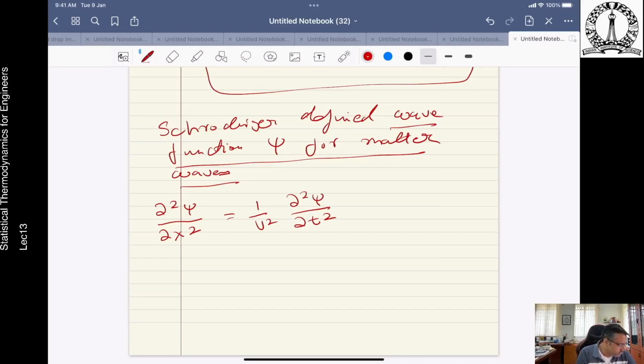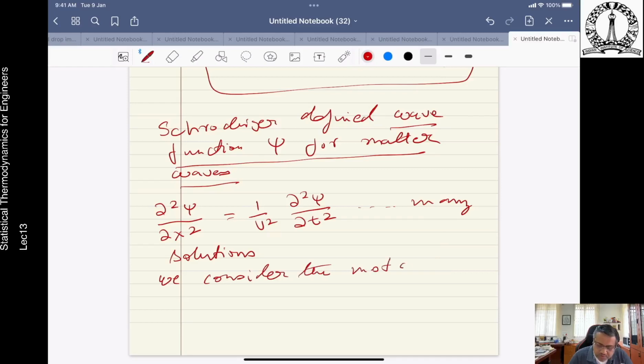Now, many solutions are possible for this particular equation, but we consider the most well-known solution.